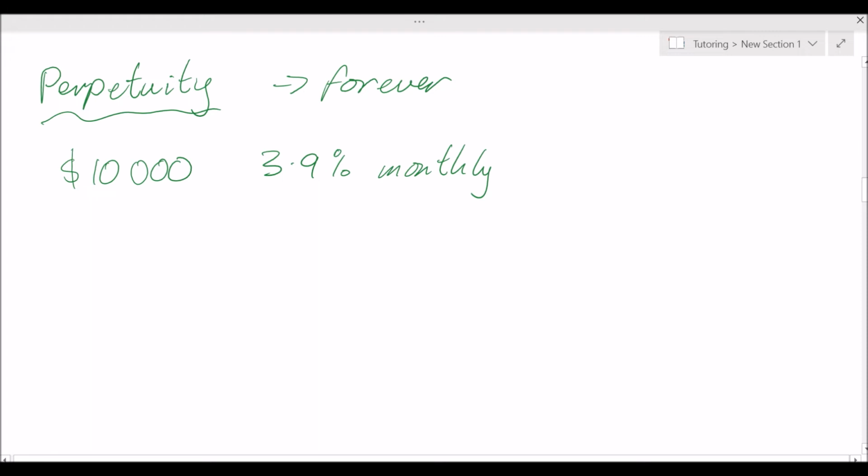If I withdraw just the interest that I earned, how much could I withdraw and keep the balance exactly the same? Okay, so if I take out just the interest, then the balance will never go down. Therefore, the annuity will last forever.